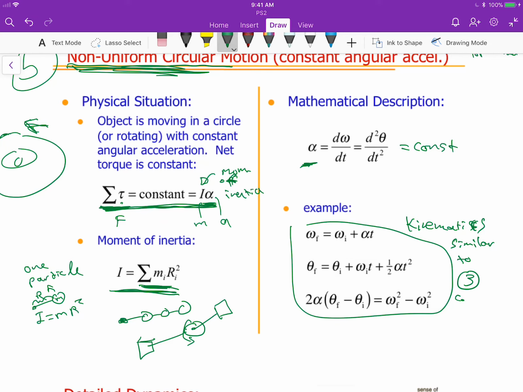That was where we have constant acceleration. You're more familiar with the linear version of these, but you can use that same intuition and go into our angular quantities. And we derived all of these by just converting from Latin to Greek, if you remember that.